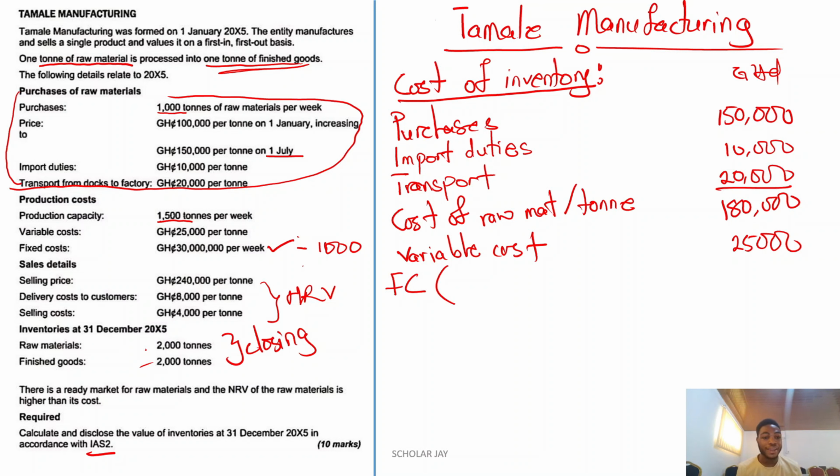Why? Because the fixed cost here was 30 million per week, and we have to ascertain the per ton. To do that, we have to take in their normal production. So in a week, how many goods are they able to produce? It's not the same as their production capacity. You can have a production capacity of 1,500 and still only produce 1,000. That is a decision you will make, right?